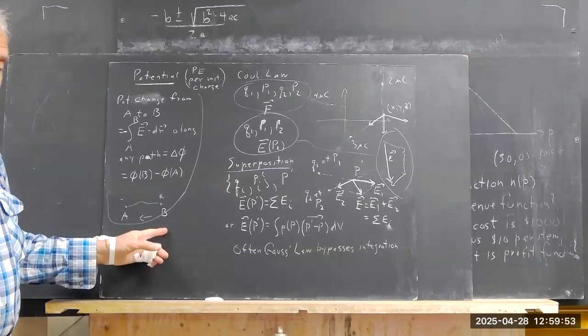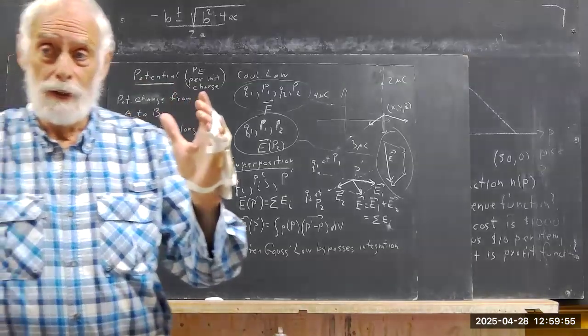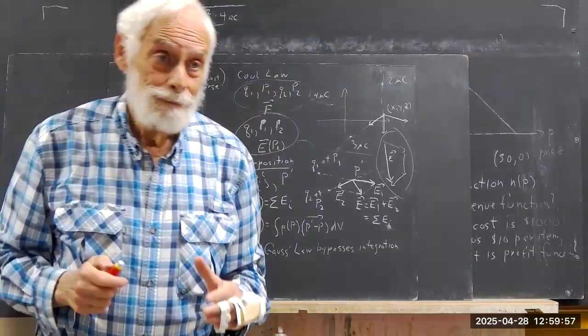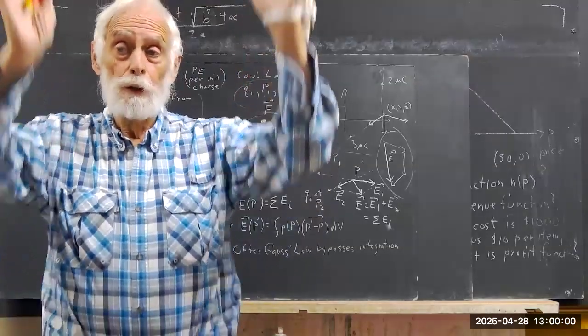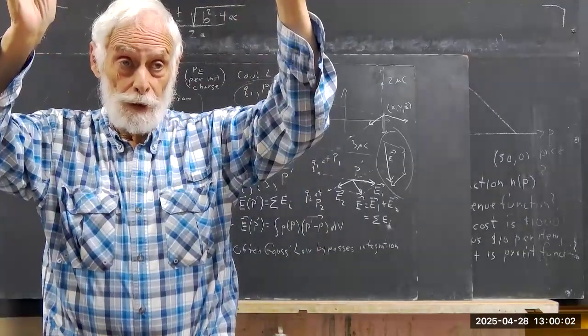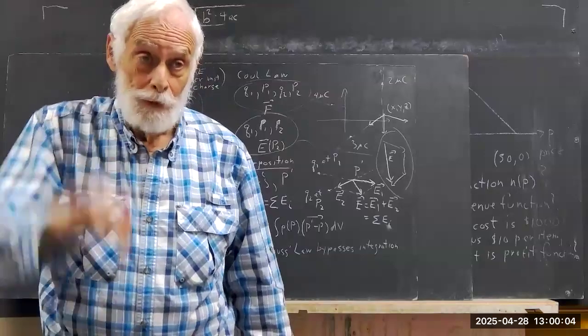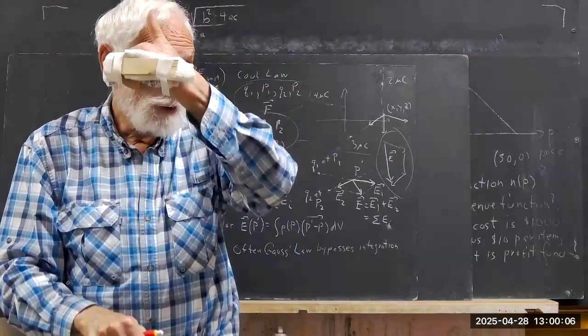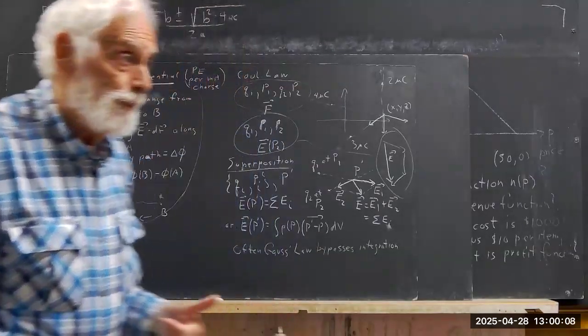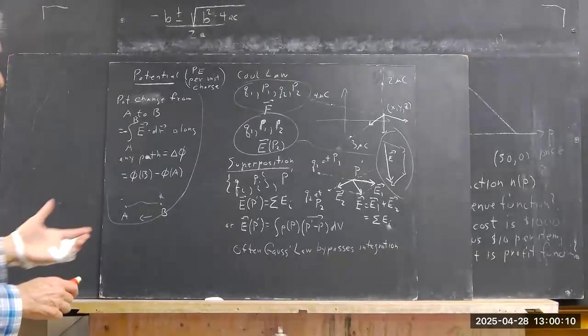And there's a direct analogy to lifting that concrete block. Gravitational potential clearly goes up when the gravitational field is in the direction opposite to displacement. So that's something you just want to keep sorted out.